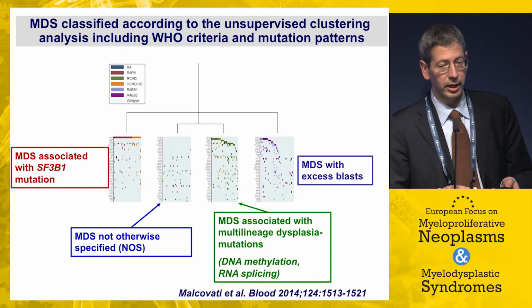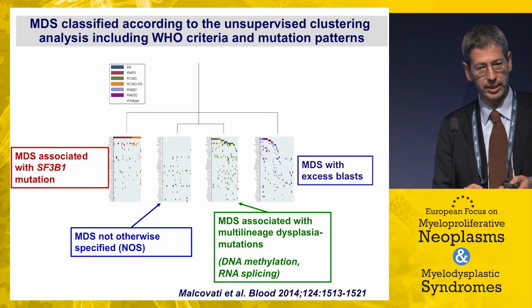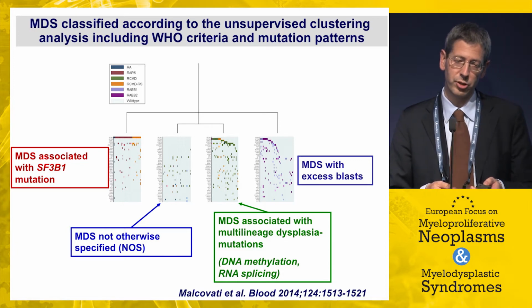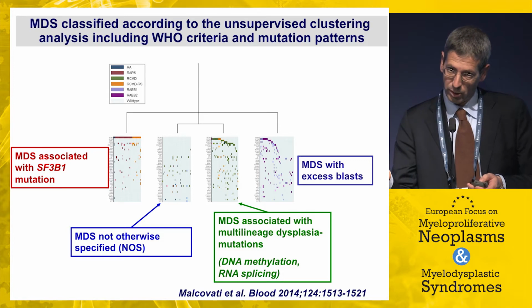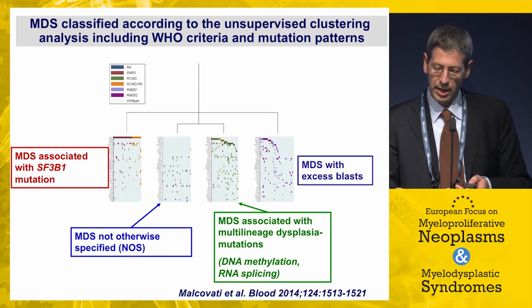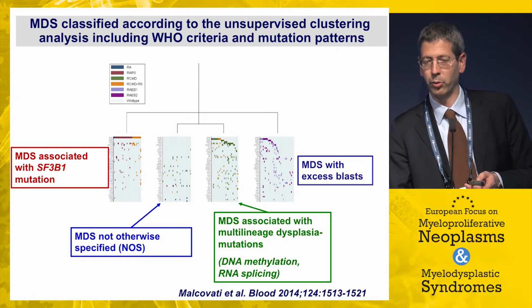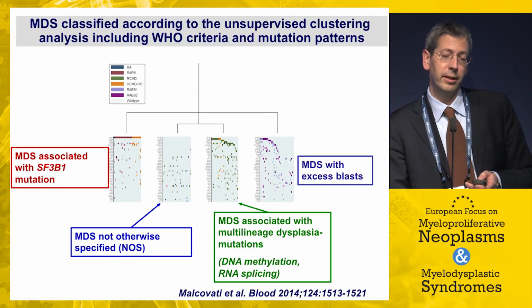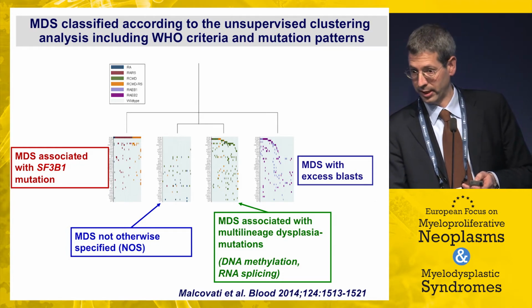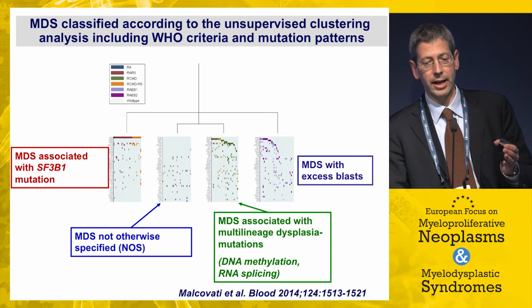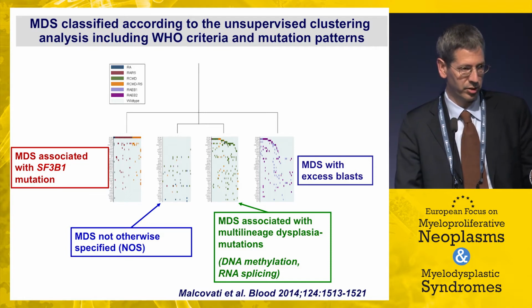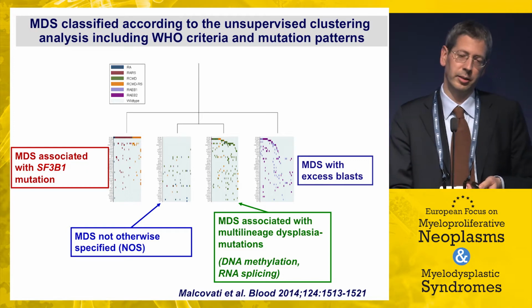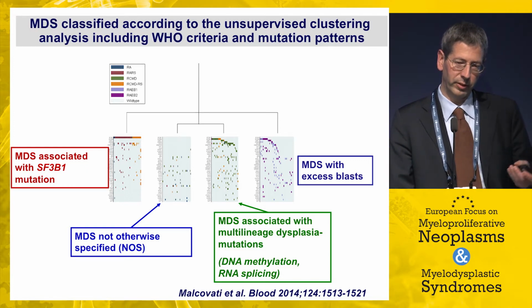In fact, we previously showed that the presence of mutations in TET2, DNMT3A, ASXL1, or EZH2 are invariably associated with multilineage dysplasia in MDS. And this was recognized by hierarchical clustering analysis, which identified these mutations as one of the most relevant classification criteria.